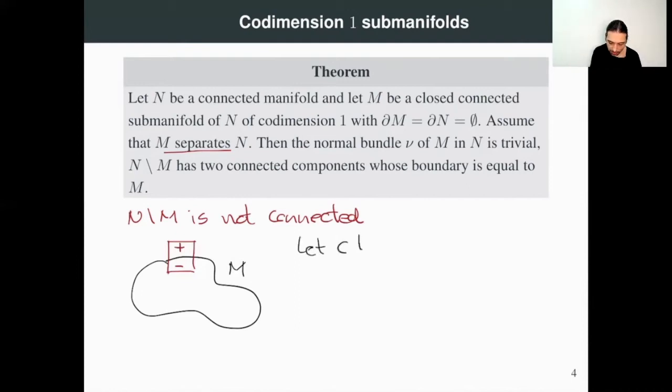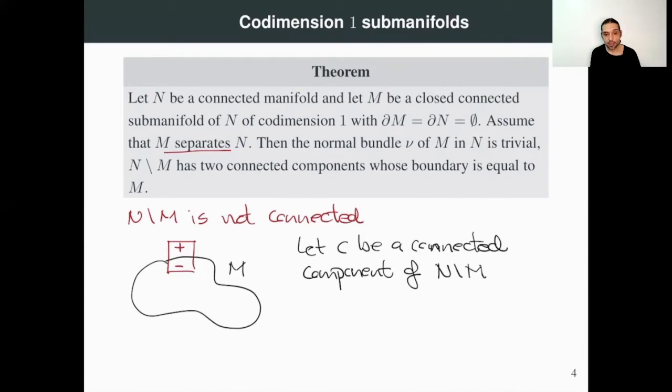Let C be a connected component of N minus M. Then there exists a point in the frontier of C. C is not the whole manifold N, so the set closure of C minus C is non-empty.